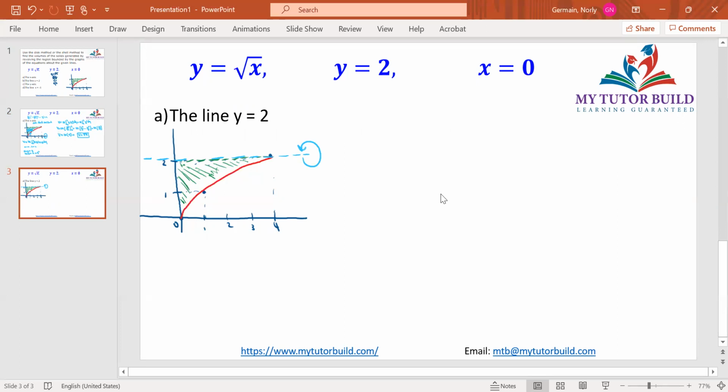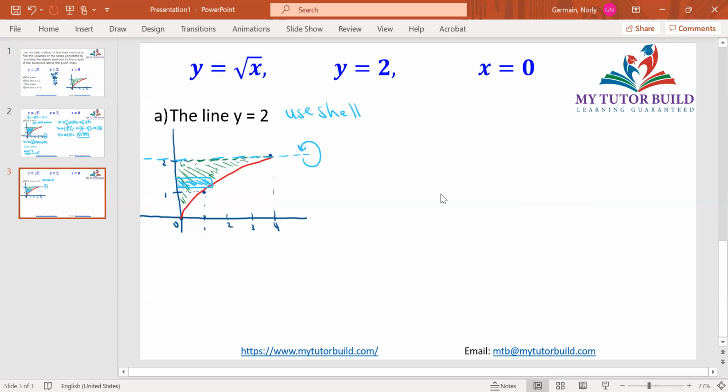So it would be better that we go with the shell method. We're going to use the shell method here again, because we cannot use the disk method. So at this point, having the rectangle in this format makes it much easier for us.